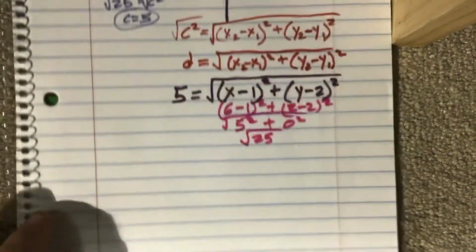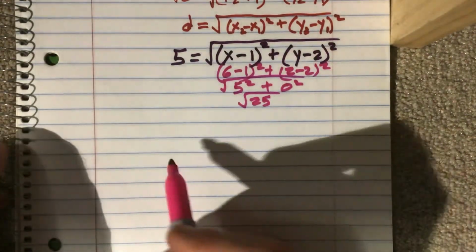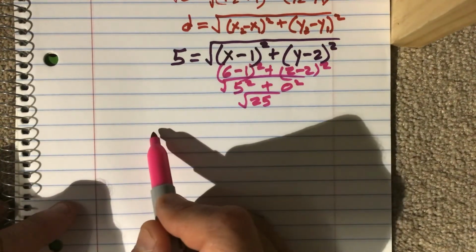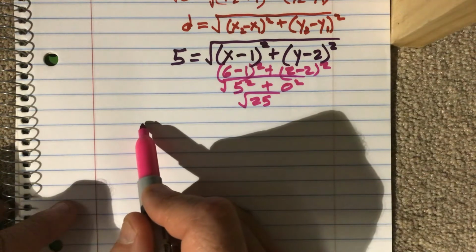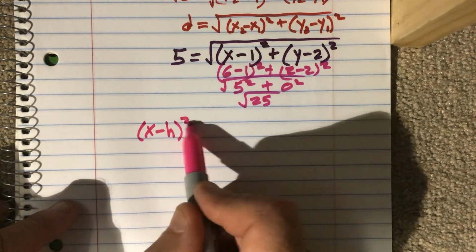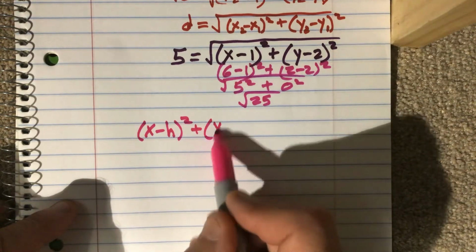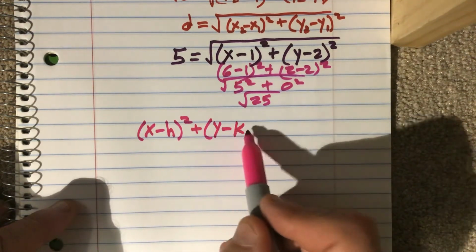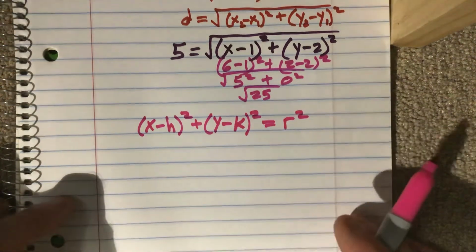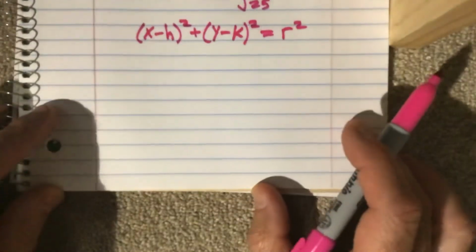So to wrap it up, the general form of the equation of a circle is, we'll say, (x minus h) squared plus (y minus k) squared equals r squared. Okay, so remember, this is just in general here.